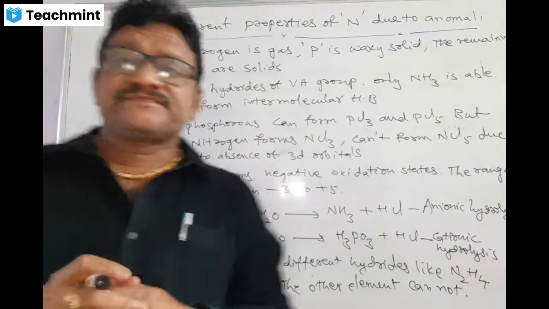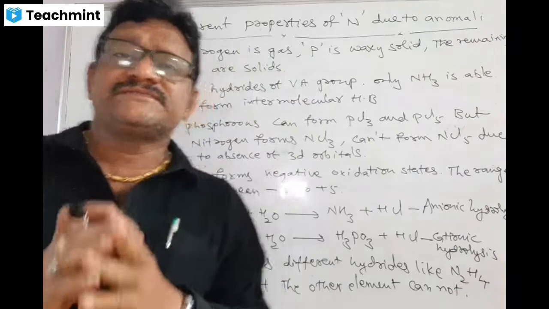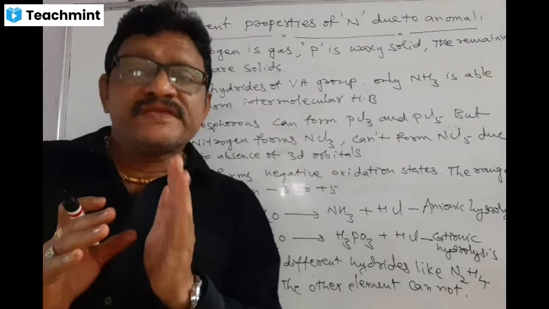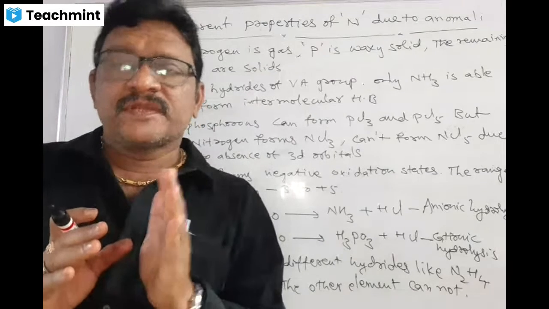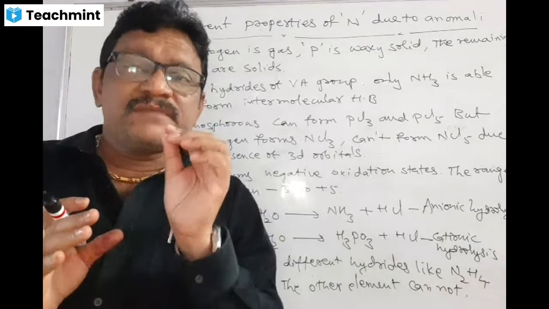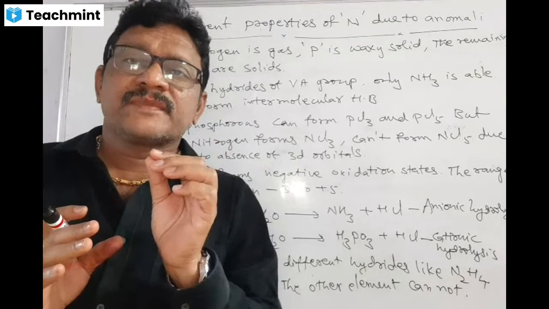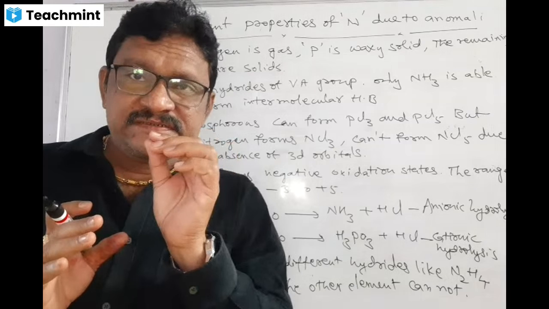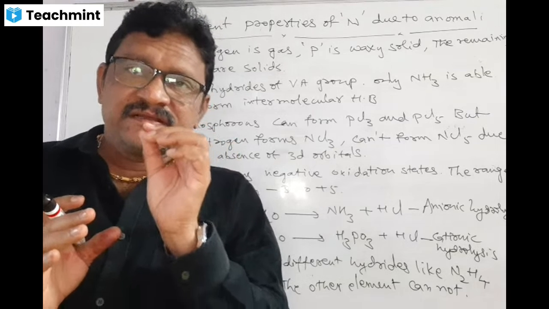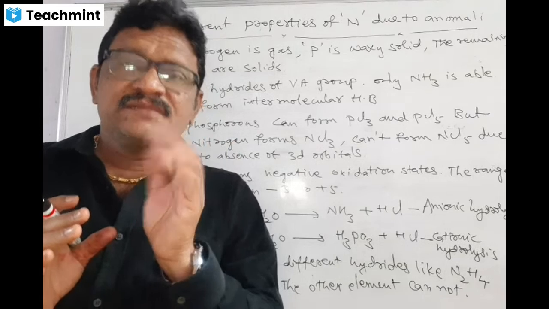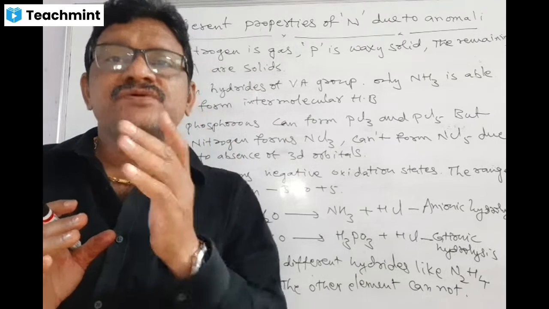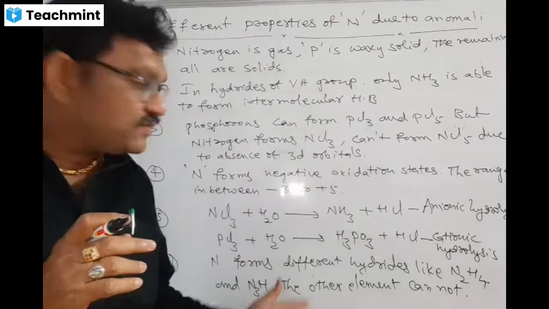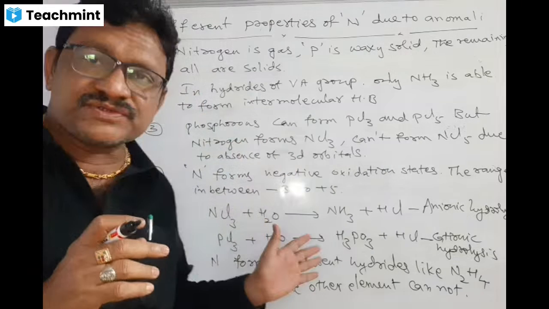See students, like this, regarding fifth A group elements, the first element nitrogen exhibits same properties with its colleagues, but sometimes it may show dissimilar properties like this, what we have discussed so far.